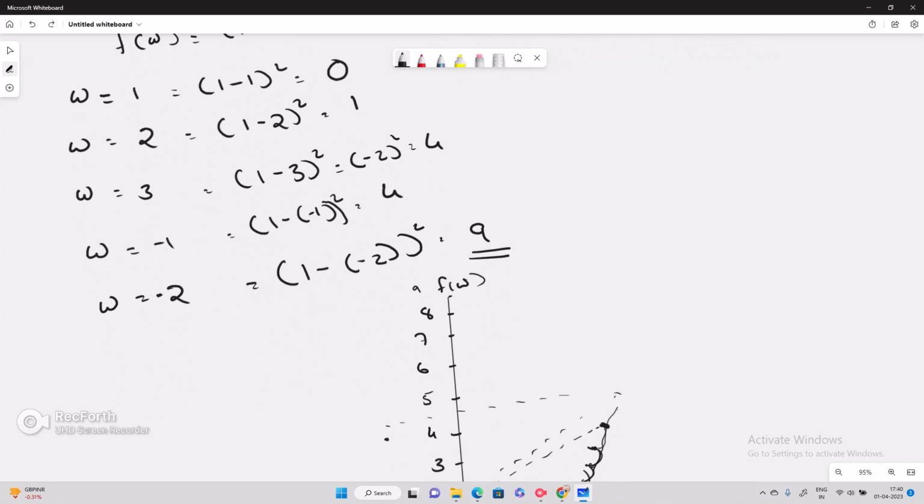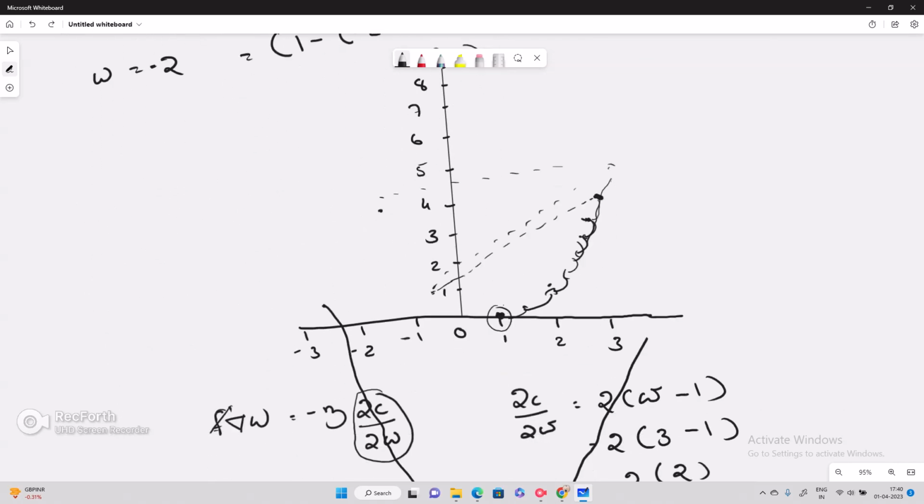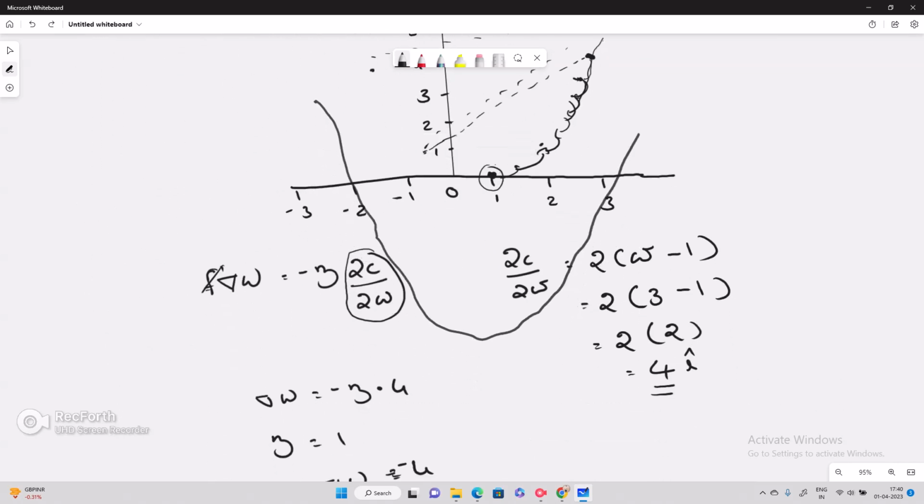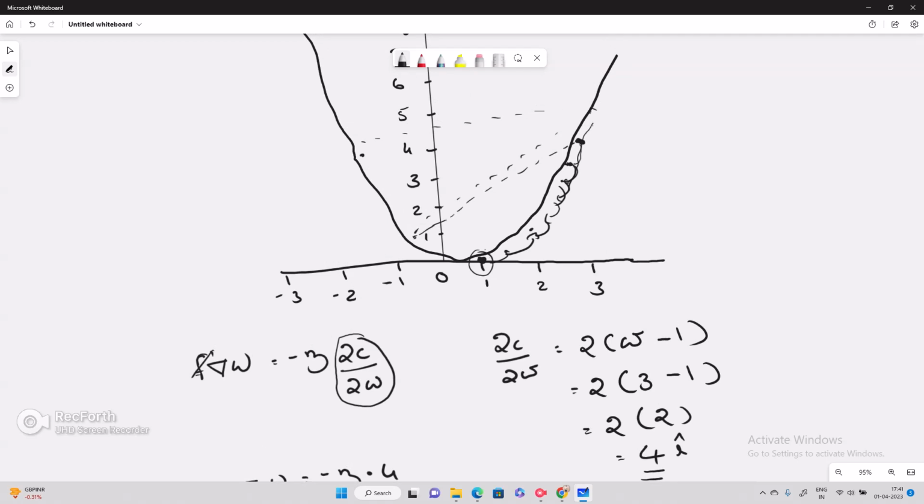Then we have applied different values for weight 1, 2, 3, minus 1, minus 2, and we have got a parabola shape. Then we tried to calculate the slope of this particular point.